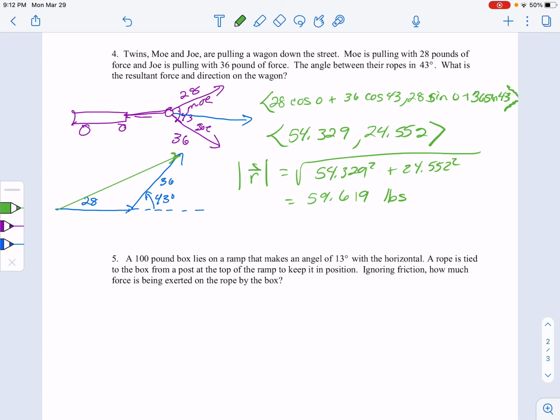If you add them together, you would have had 64. It's a little bit less because they're pulling on each other. The ropes are pulling on each other, or their hands are, and you're pulling on the wagon.